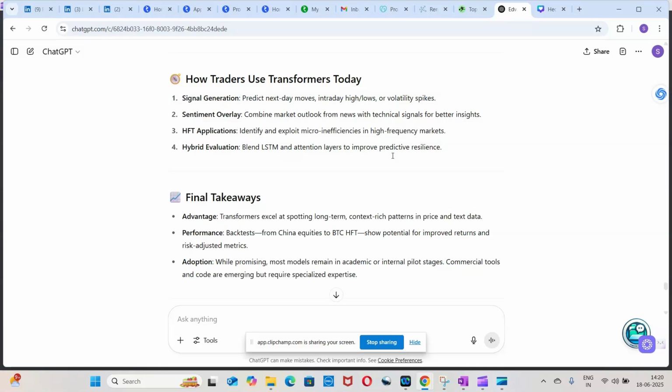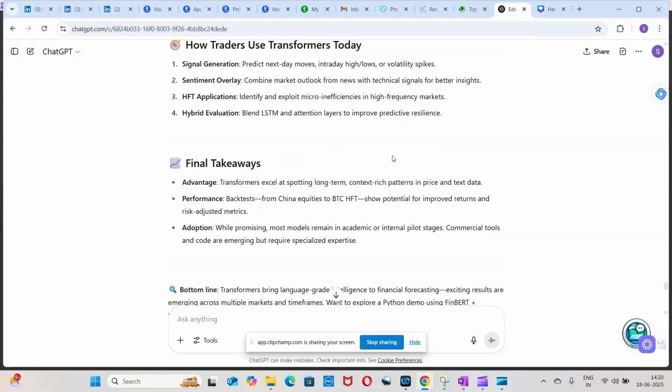So the final takeaways on transformers: transformers excel at spotting long term trends and finding sentiments from text, and they capture context rich patterns also. That is what they excel at.